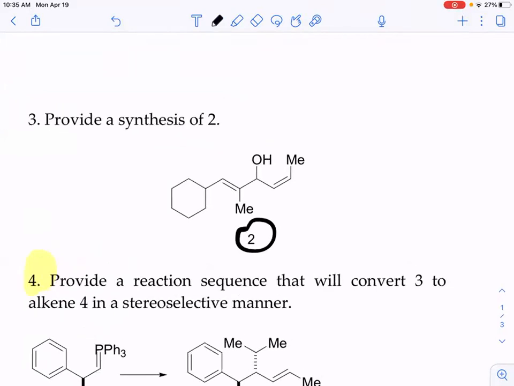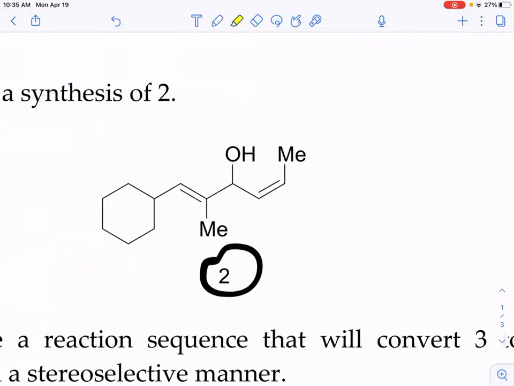So a lot of times if you have just a free alcohol sitting there between functional groups, you can think of the precursor to that being an aldehyde, or if it's a tertiary alcohol, a ketone.